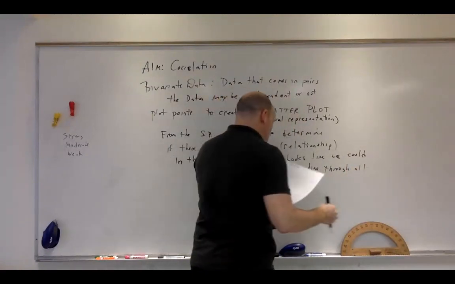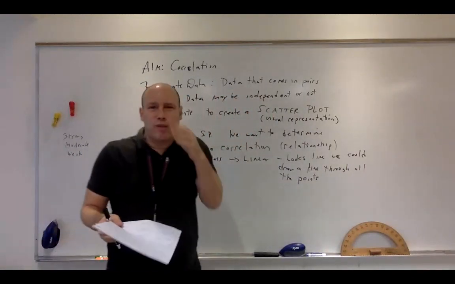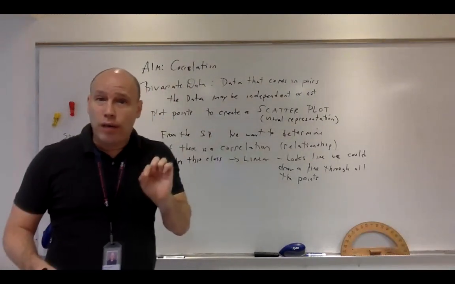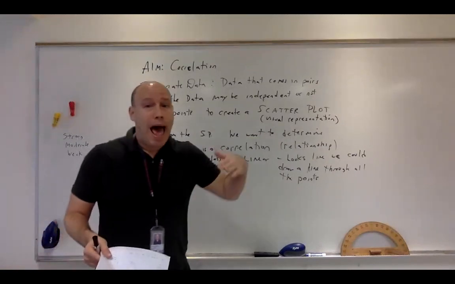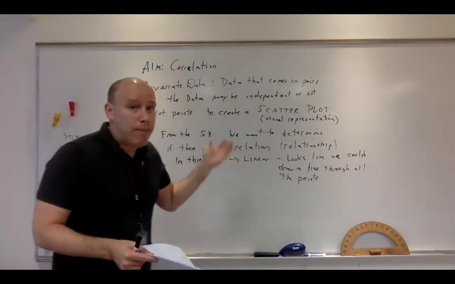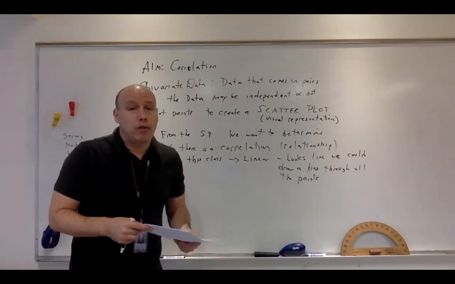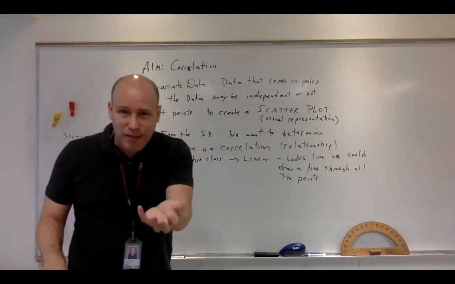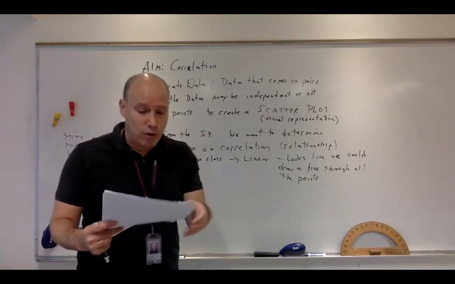We might not get all of them, but mostly through. The idea is, what image arises. Once again, a correlation does not need to be linear. It could be exponential. It might be a parabola, quadratic. It could be a sine wave, like the weather or stock prices. In this class, you're going to be given bivariate data, and it's going to look like you could draw a line through it.